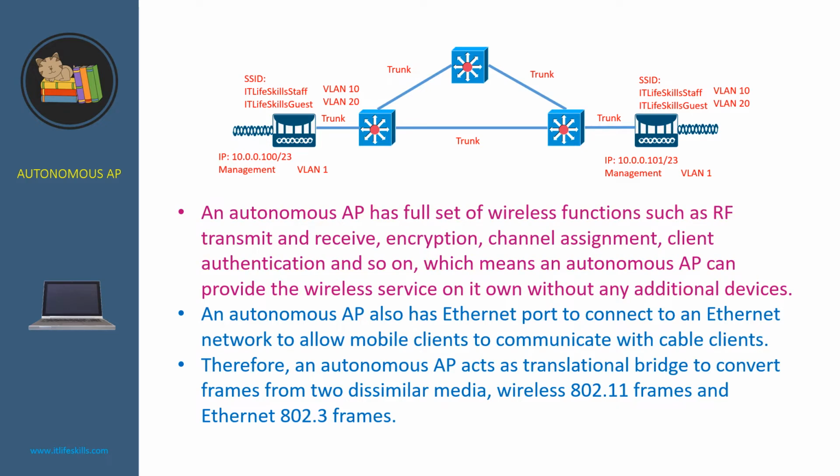An autonomous AP has a full set of wireless functions such as RF transmit and receive, encryption, channel assignment, client authentication, and so on, which means an autonomous AP can provide the wireless service on its own without any additional devices.